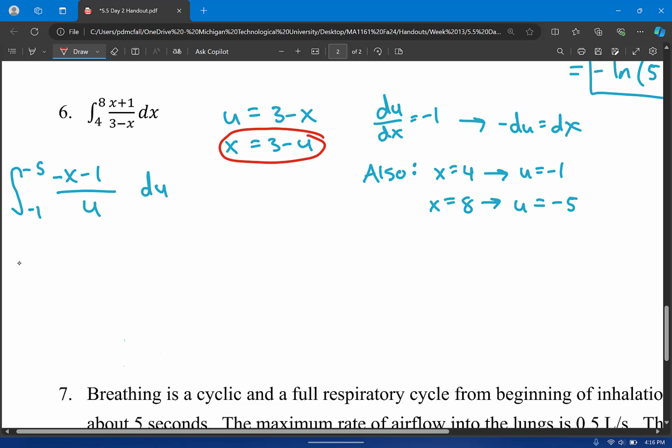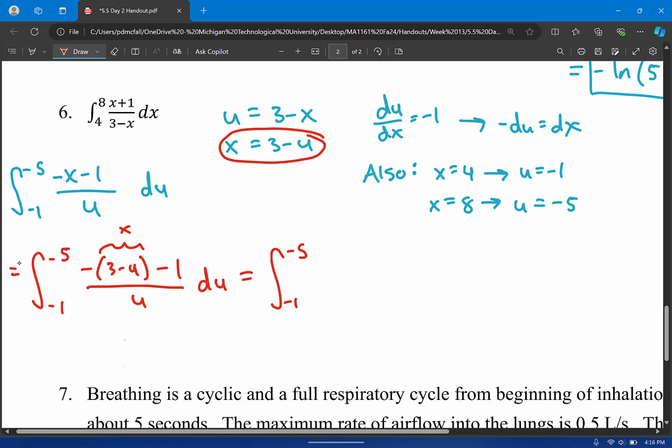We've got this is equal to the integral from -1 to -5. Minus x is now -3 minus u. So that was x, got turned into 3 minus u, divided by u. And before we do the antiderivative, let's just simplify this fraction quite a bit.